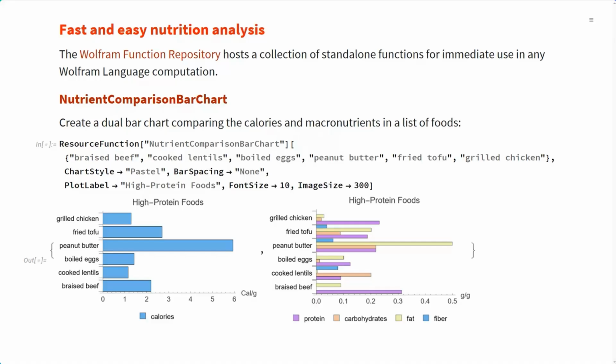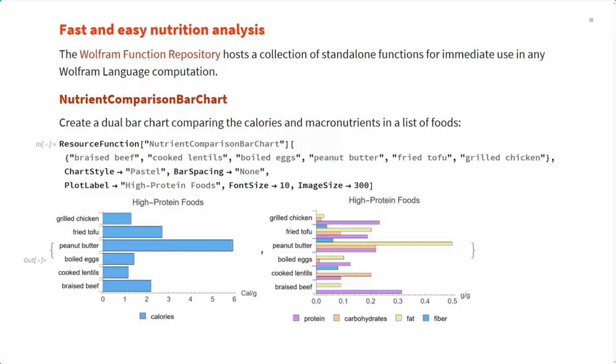For example, NutrientComparisonBarChart. This gives you quickly all of the macronutrients for a list of foods. For example, you can see in my example here, I'm asking for these high protein foods: the eggs, the peanut butter, chicken, beef, etc. NutrientComparisonBarChart will very quickly and efficiently bring back your calories, your protein, your carbs, your fat, your fiber.